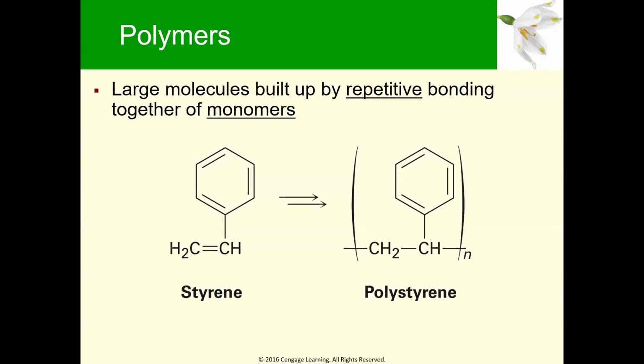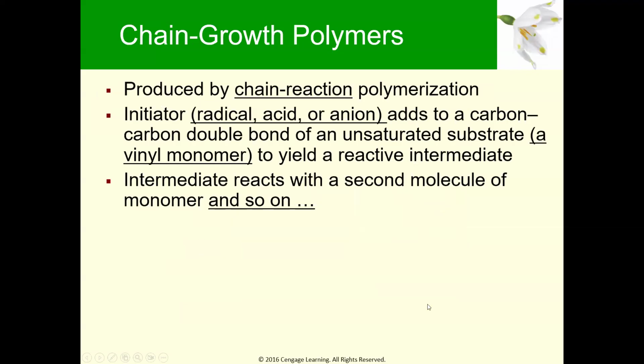Remember that we started with just styrene, liquid, and then we initiated the reaction with a free radical initiator, and then we got a polystyrene pellet when it was all done. Good old days, right? So that type of polymer we call a chain growth polymer.